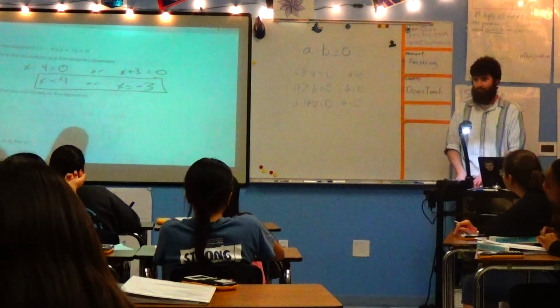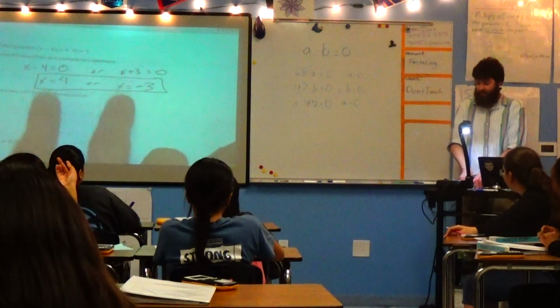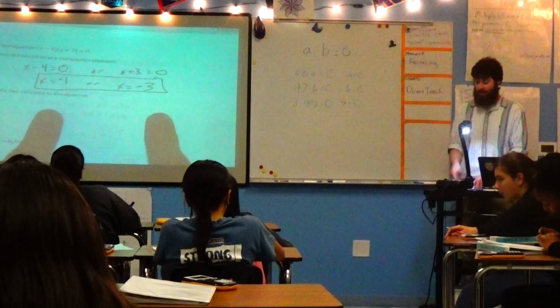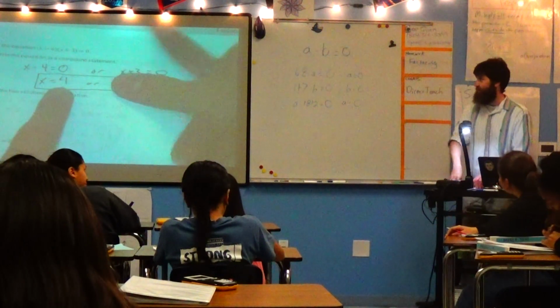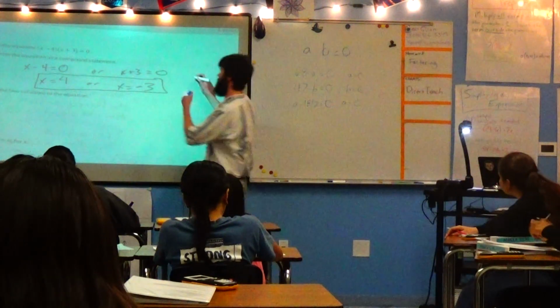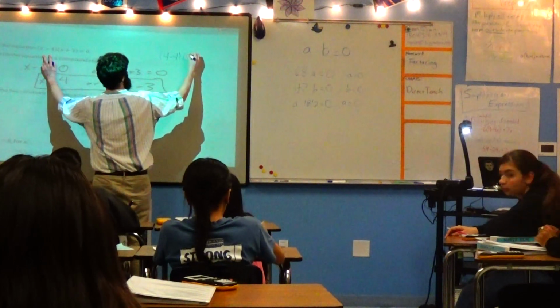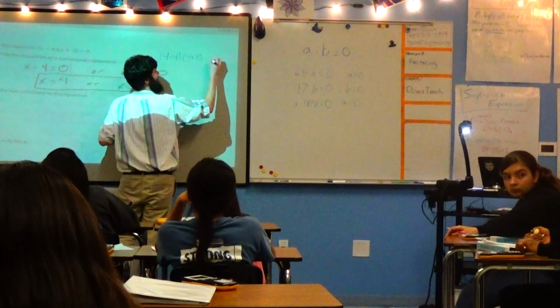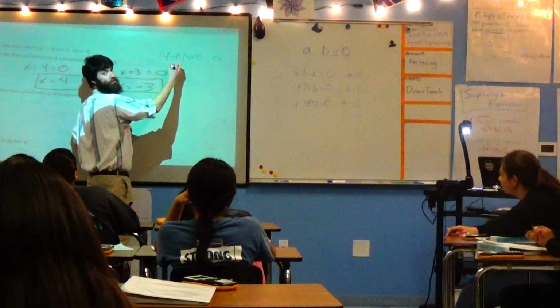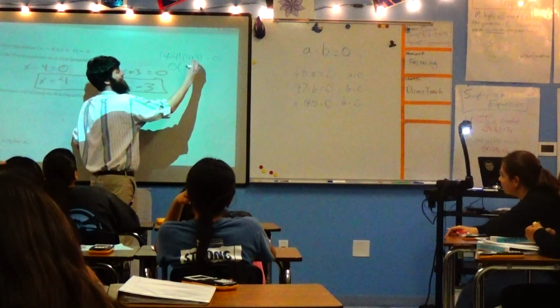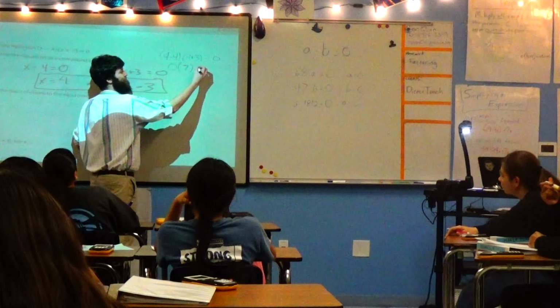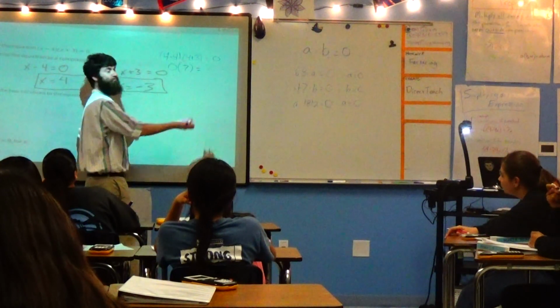You're trying to see what values of x will make this true. So if x is equal to 4, you plug that in: 4 minus 4 times 4 plus 3. Does this equal 0? Well, 4 minus 4 is 0. 4 plus 3 is 7. What's 0 times 7? 0.